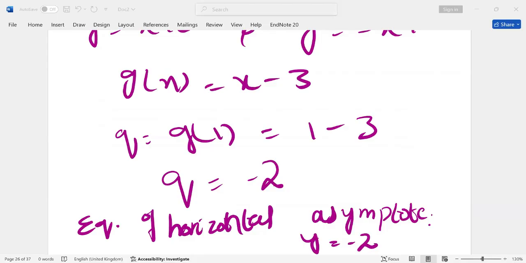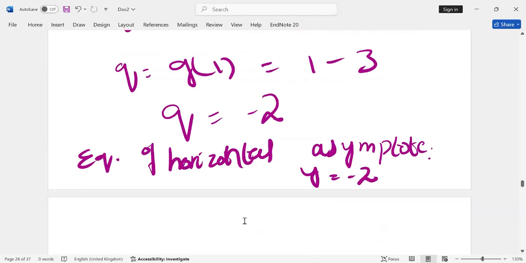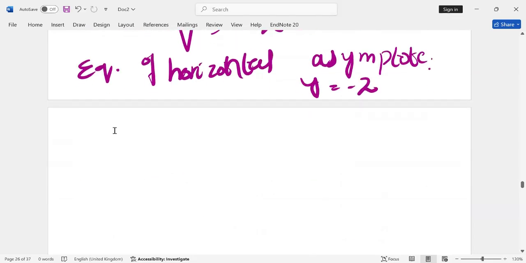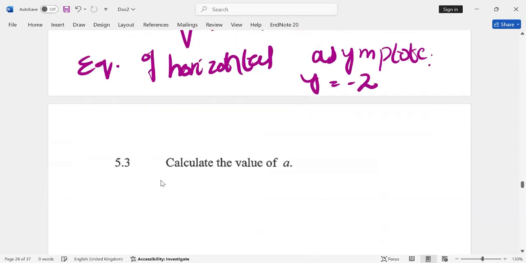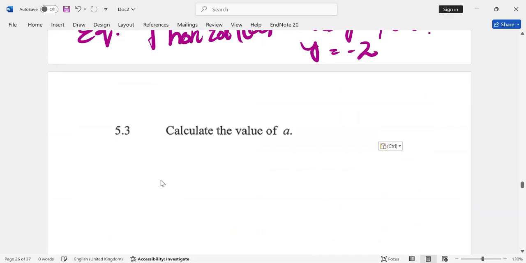Okay. So the next question is about 5.3. We calculate the value of a. So we have f of x equals a by x minus 1, minus 2.